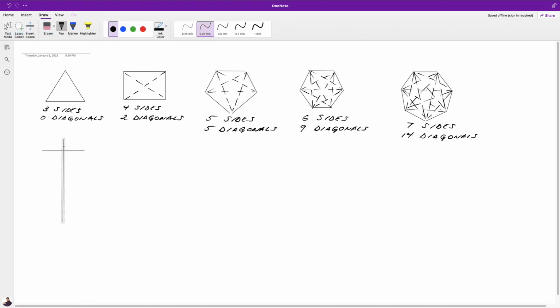Okay, so this will be n for sides and s sub n for the sum of the diagonals within sides. So if we got 3 sides, we've got 0 diagonals. If we have 4 sides, we have 2 diagonals. If we got 5 sides, 5 diagonals. If 6 sides, 9 diagonals. And if 7 sides, 14 diagonals.